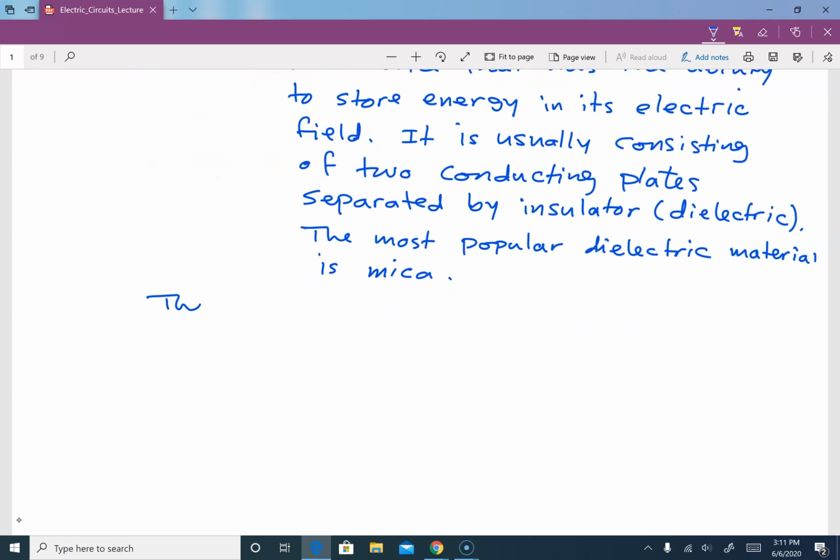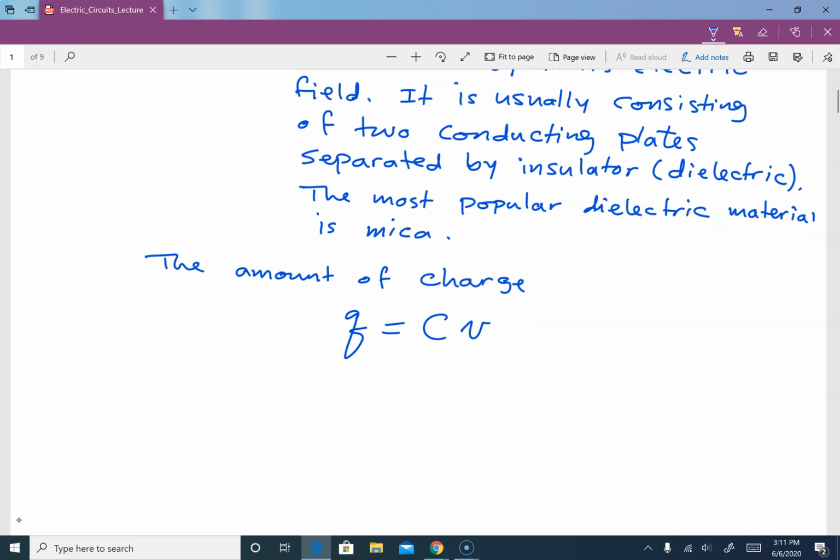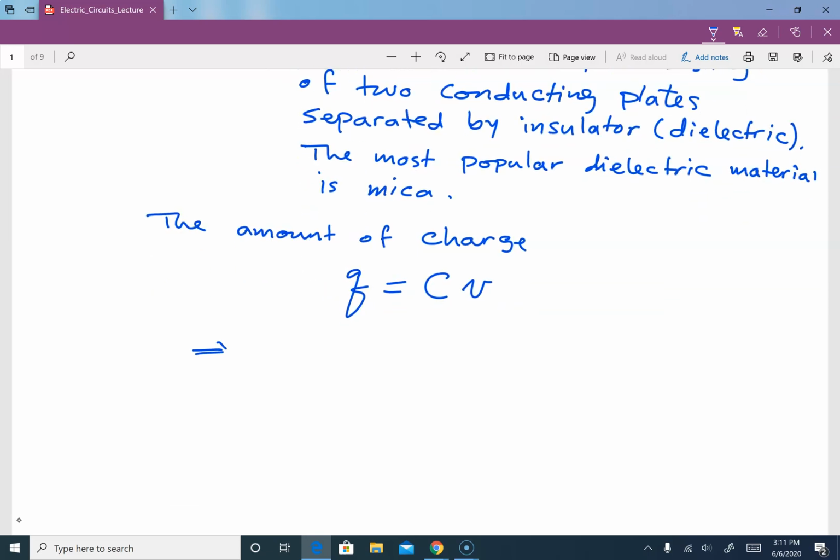So the amount of charge on a capacitor, that is Q, is equal to C times V. So that will give us the capacitance value is equal to Q over V. This over here is charge in Coulomb.